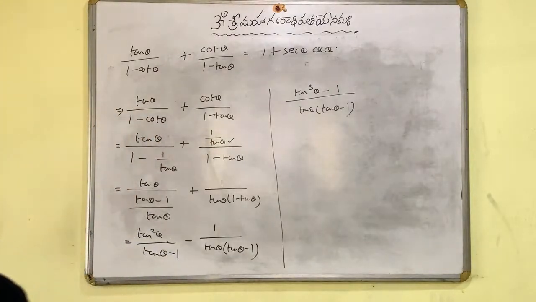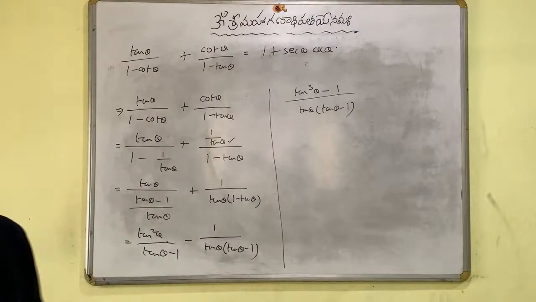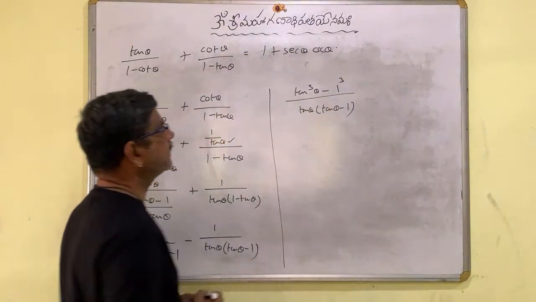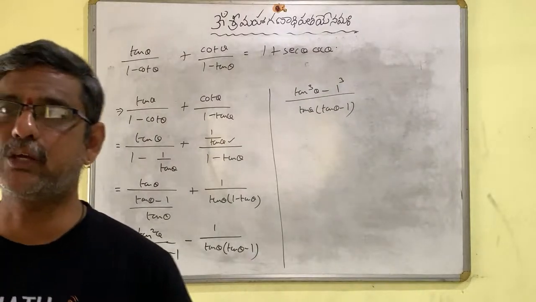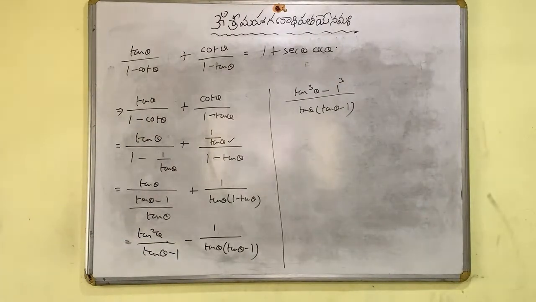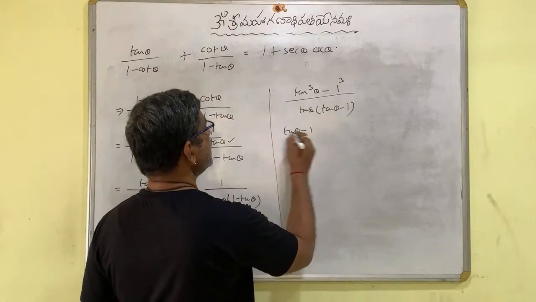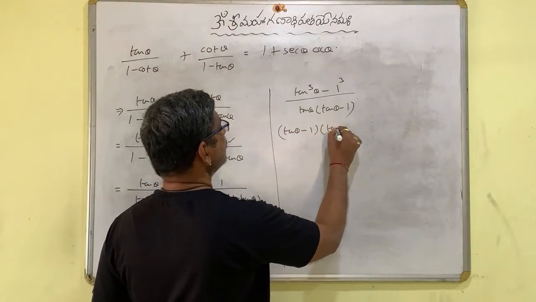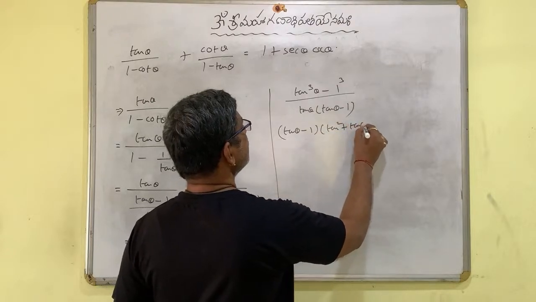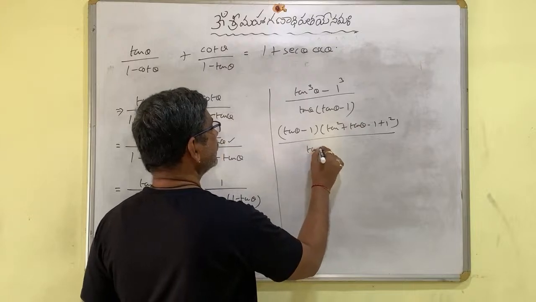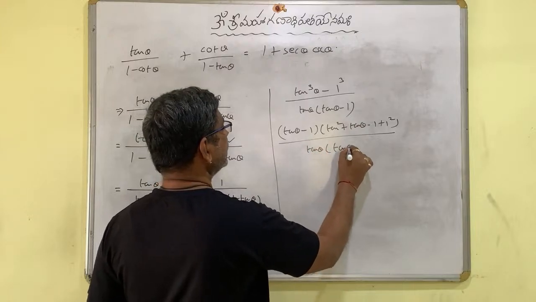Tan cube theta minus 1 we can write as tan cube theta minus 1 cube, which is in the form of a cube minus b cube. So a minus b into a square plus ab plus b square, by tan theta into tan theta minus 1.